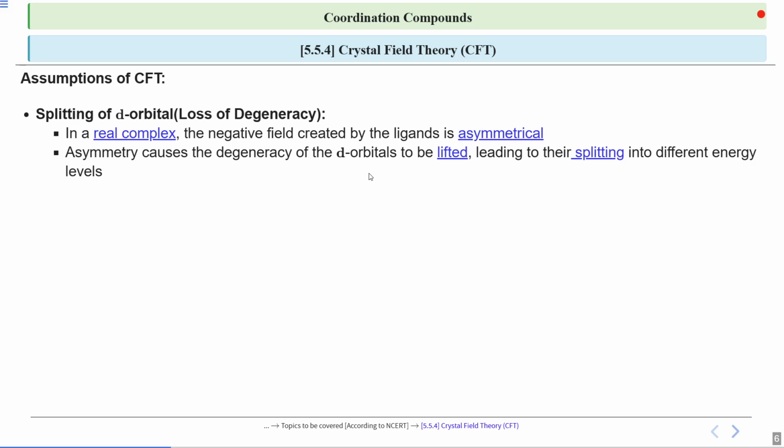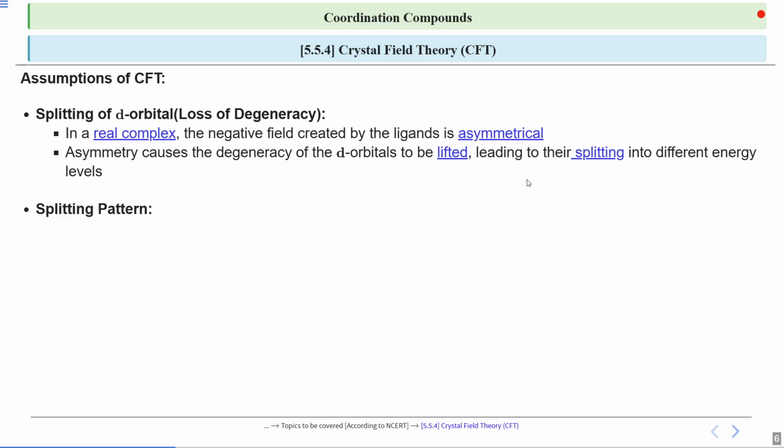And when you get a real complex, the loss of degeneracy happens due to the splitting of d orbitals, because this symmetrical field becomes asymmetrical. When the ligand approaches, it interacts with the d orbitals, and the ligand electron repels the d orbital electron, due to which this energy difference happens, and the d orbitals are split into two different energy levels.